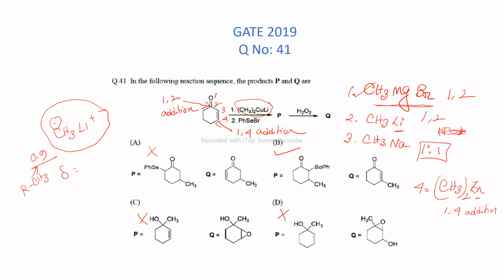Just tell me it will be greater than 0.9 or less than 0.9 in 1H NMR, delta value.